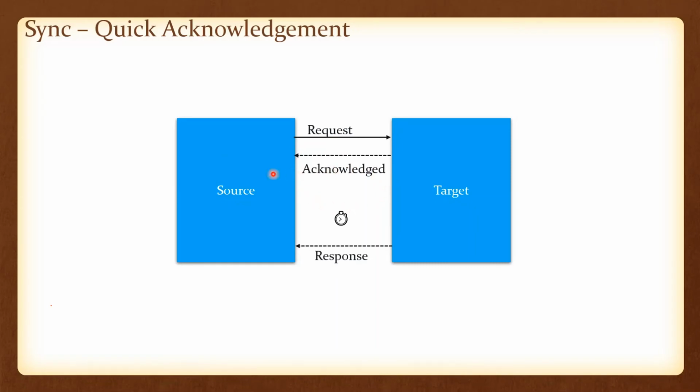Now for the source system to be able to realize when the response is ready, it can again make use of other patterns like the polling mechanism. If the status is being updated to some database, it can continuously poll the database to realize the status of that message.